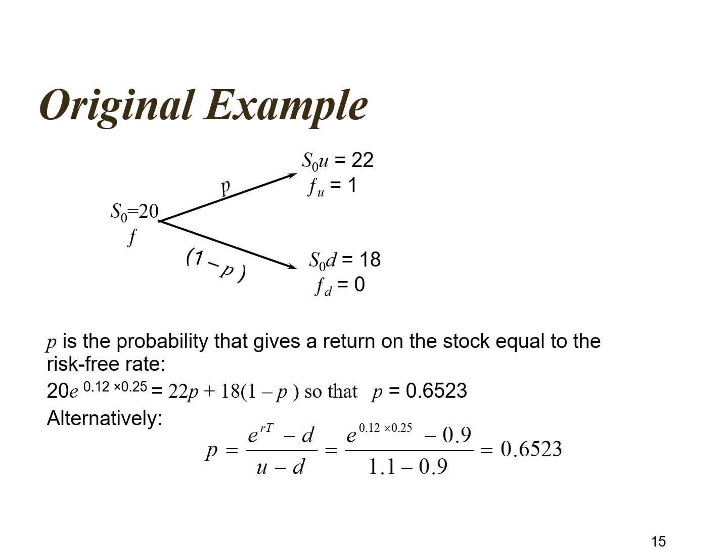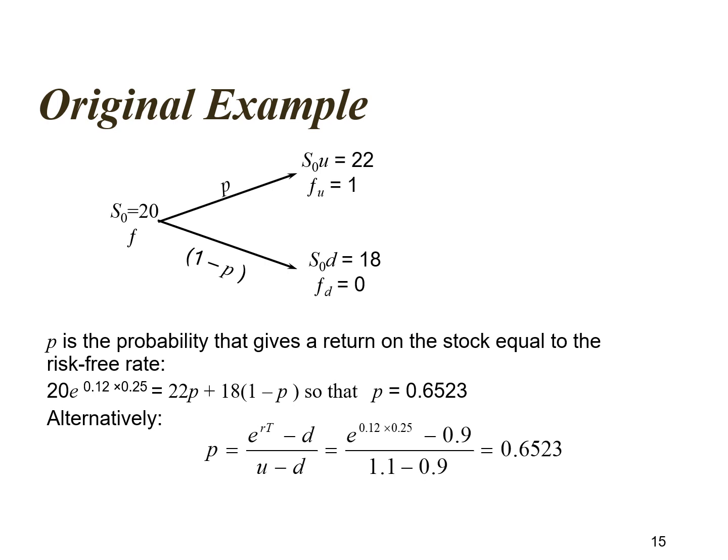So 20 times e raised to the power of 0.12, which is the risk-free rate, times 0.25, assuming it's a 3-month option, should be equal to 22 times P plus 18 times 1 minus P. If you solve for P, you get P equal to 0.6523.